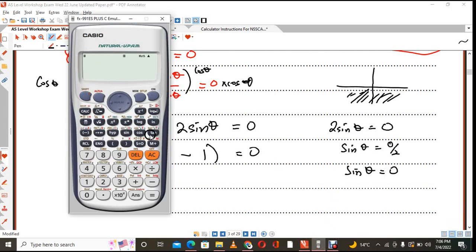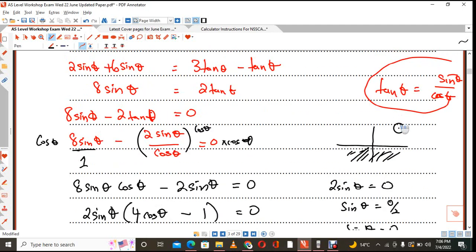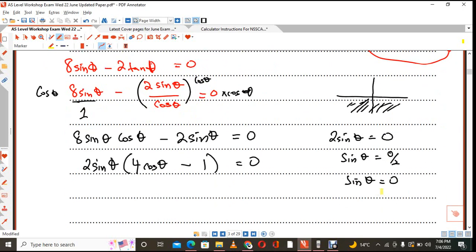So inverse sine of 0 gets 0. So 0 is not our solution, because our domain should be between 0 and 180. 0 is not included, can you see that? It's between. So 0 is therefore not a solution. We are not going to work with theta equals 0 degrees. It is not in the domain.